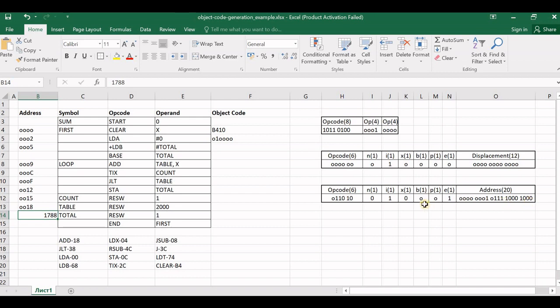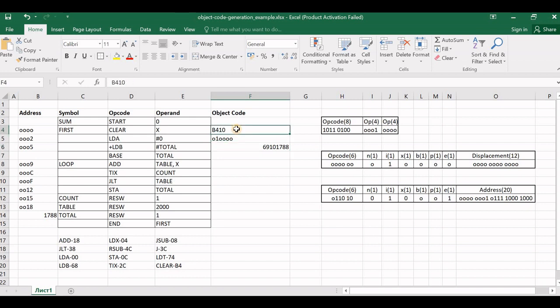Now group 4 bits together and generate the hexadecimal object code for this instruction. When you group 4 bits together, you have the object code as 6, 9, 1, 0, 1, 7, 8, 8. Now you can find the difference between the first, second and third instruction object codes.